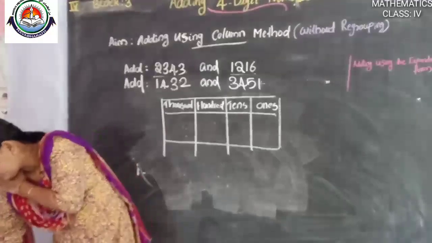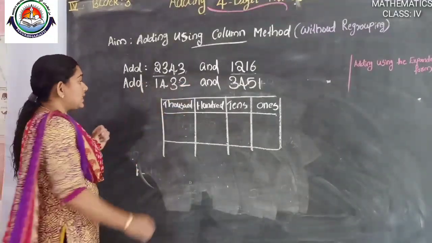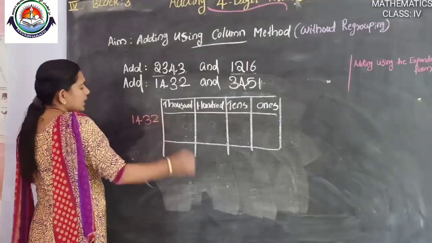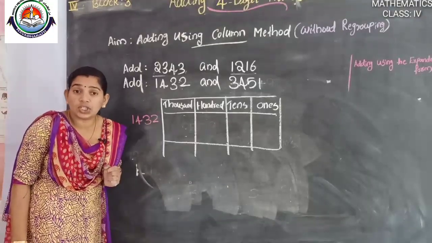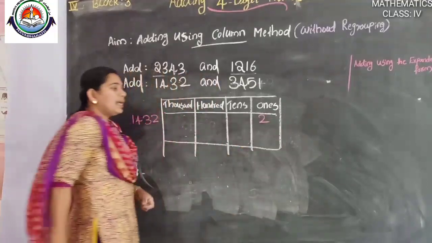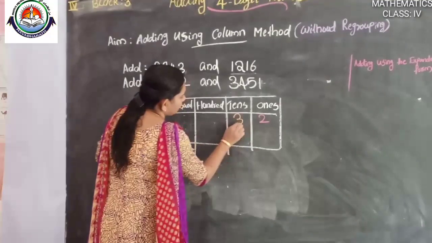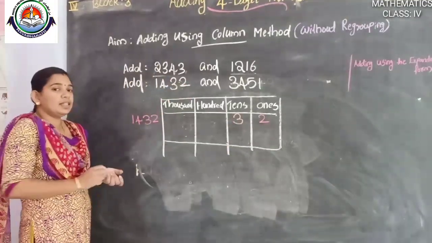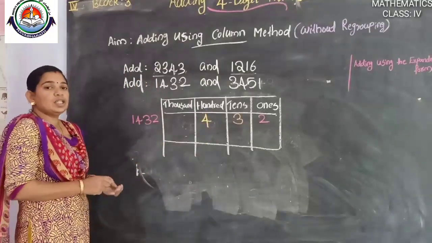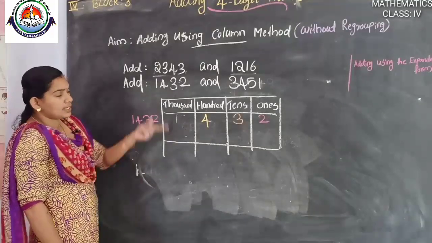The first number is 1432. Its ones place is which digit? Say loudly. 2. Very good. Then tens place 3. Hundred place 4. Thousand place 1.